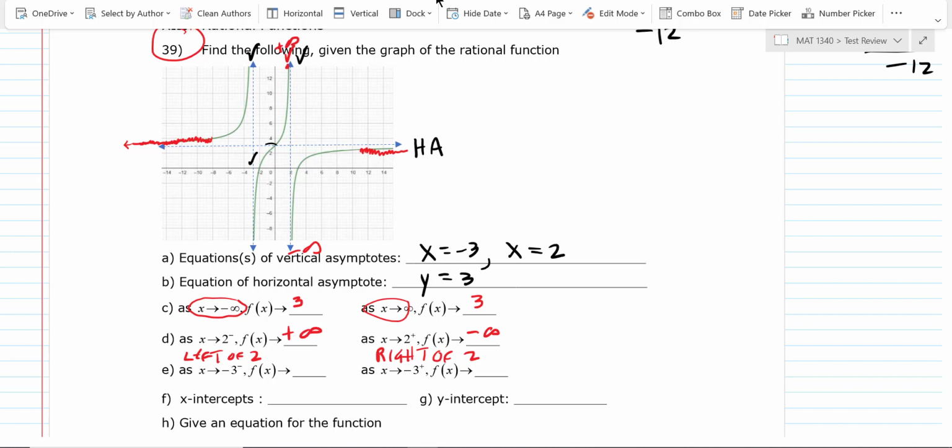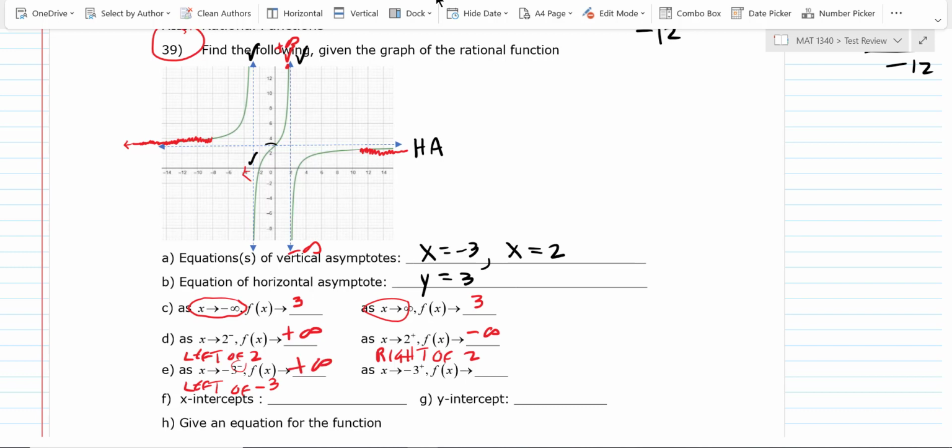Okay, all right, part E. This one has the minus, so that means if we're barely to the left of -3, we want to look at where the graph is going. Look at -3, look at that vertical asymptote. If you're barely to the left of -3, where is the graph? It's positive infinity, it's going up.